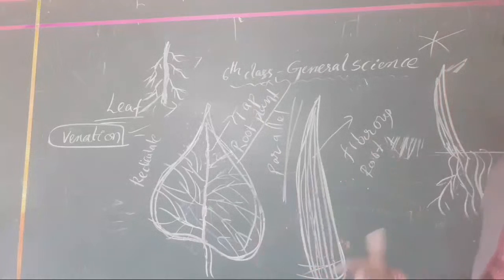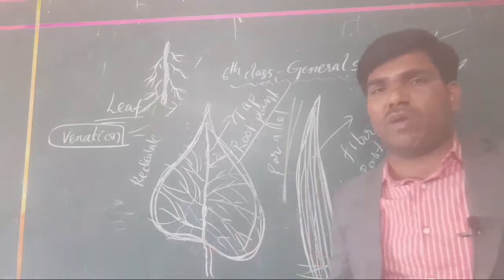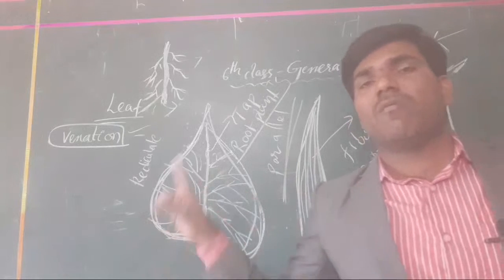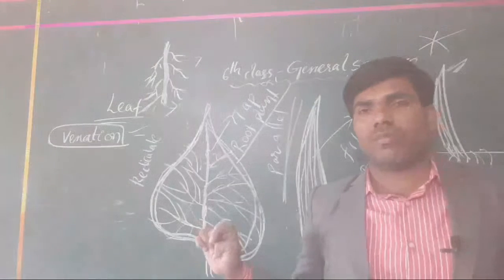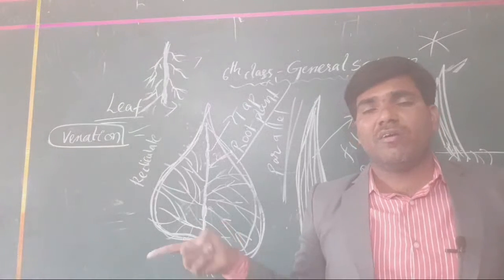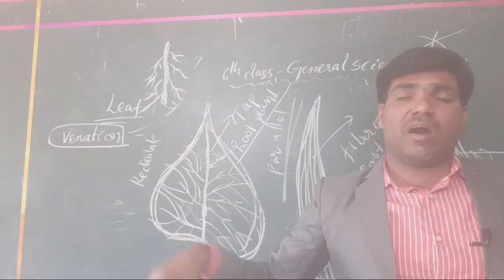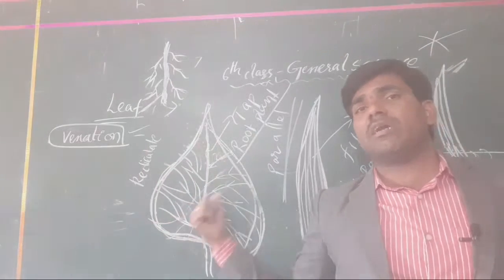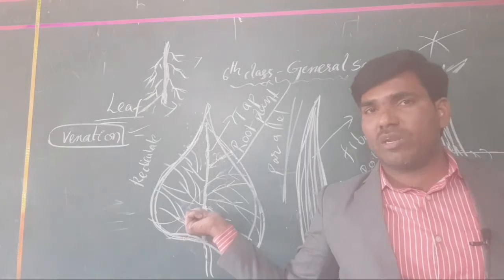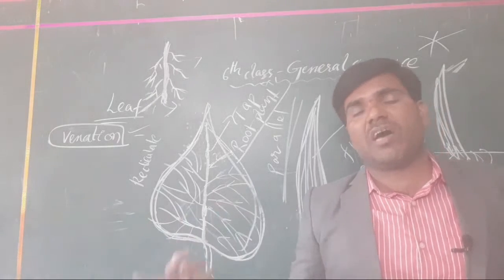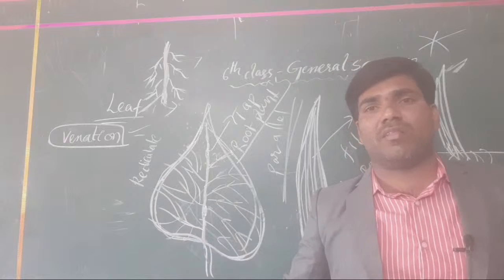And the main thing in today's class, we already discussed what venation is. Okay, clear or not, all the students? What is venation, what is the use of venation, and how we get the types of venation. That is what we concluded. What is venation? Arrangement of the veins on the lamina.